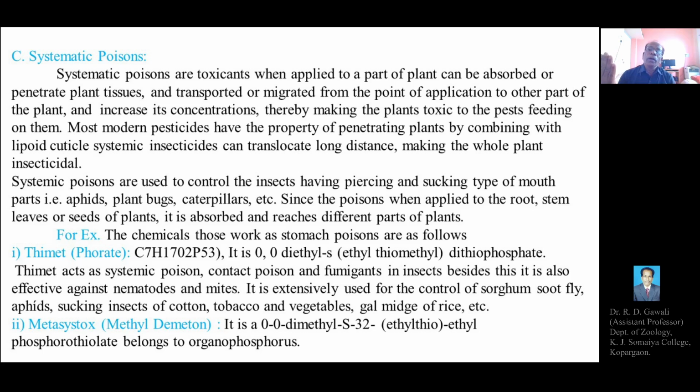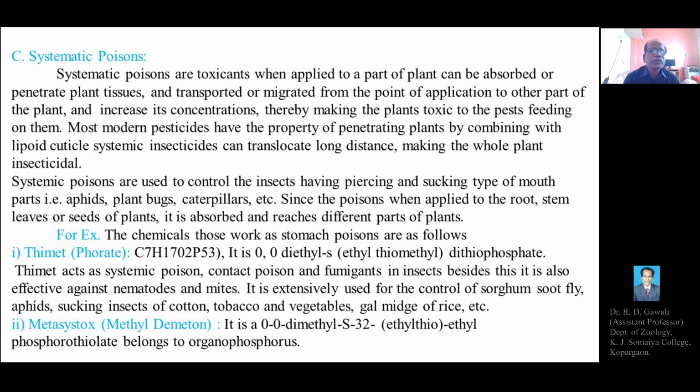On feeding of the insect pest on these phytotoxic plants, they ultimately get these systematic poisons in their body through the digestive tract, which leads to toxicity, and then these are treated as systemic poisons or stomach poisons. When they get entry into aphids or plant bugs through piercing and sucking mouth parts via the phytotoxic plants or crops, it leads to toxicity and they get killed.